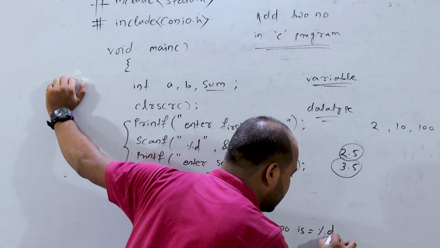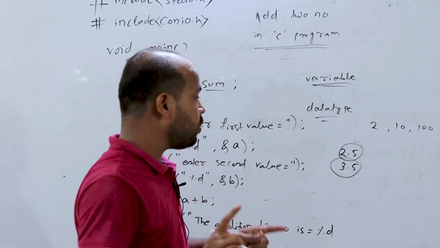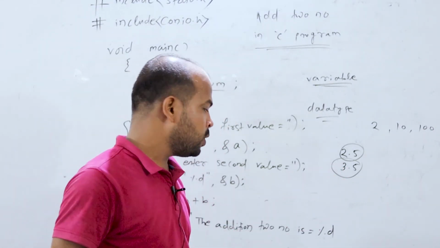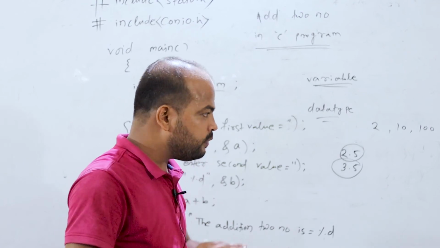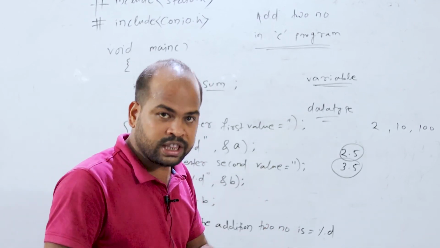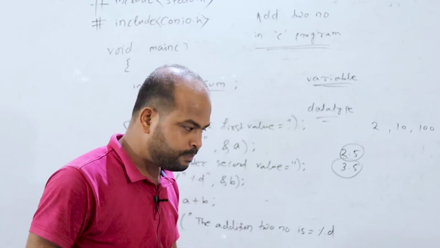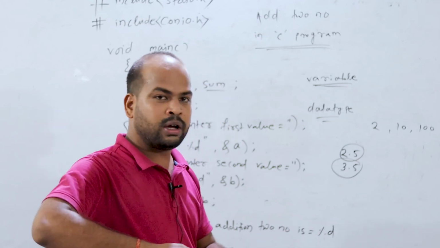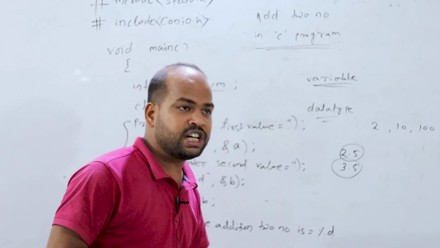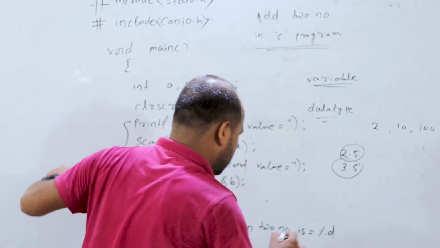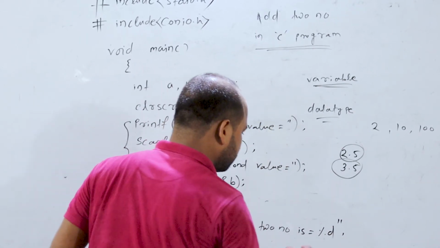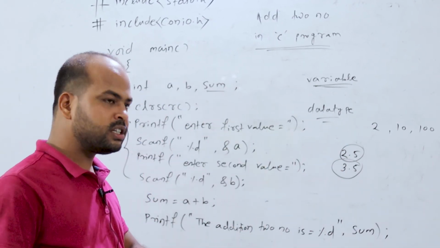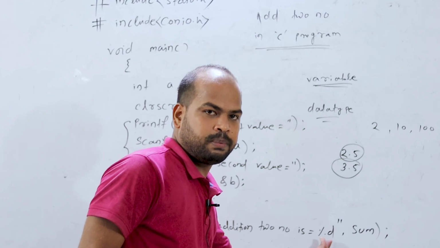You have to write percentage d for an integer type value. If you want to display a float type value, then you have to use percentage f. If you want to display a double type value, then you have to use lf. Here I want to display an integer type value, so I write percentage d, then the variable name sum. Here the value will be displayed.